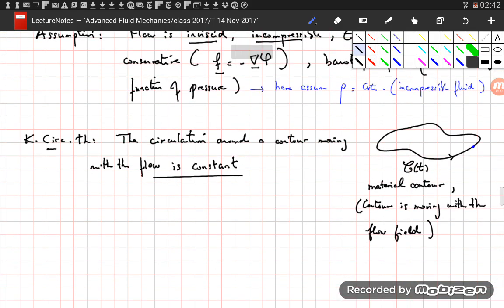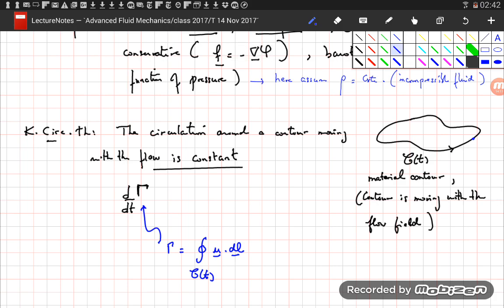In mathematical terms, you would just write it as d over dt of gamma, where this gamma here is equal to the circulation, so the line integral of the velocity field, but along a material contour. So this contour is a function of t.